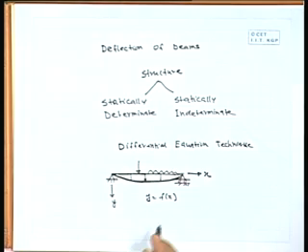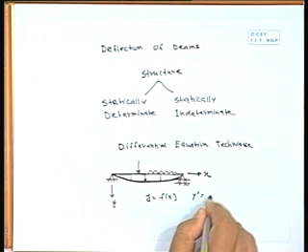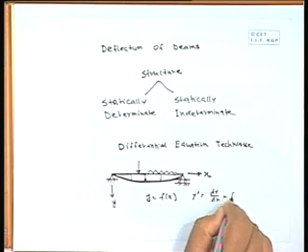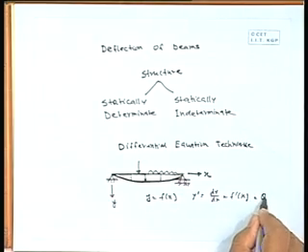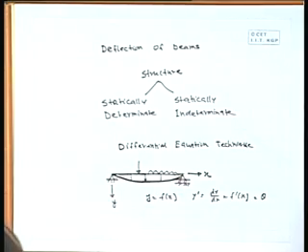Now, if I take the derivative, y dash, it is nothing but dy by dx or f dash x. If we have the expression of the function, we can take the derivative. It will give the slope of the elastic curve, which we sometimes write as theta. Theta is the slope of the elastic curve. So y is the deflection, and its derivative is theta.